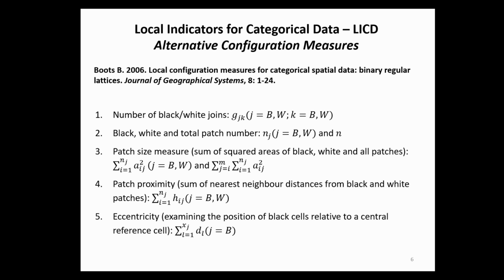Some are based on the analysis of join counts, some are based on the analysis of patches, their size, their distribution in the space within the moving window, and so on. In our case, we're going to focus later on, in one minute probably, on the number of black and white joins, which is nothing more than a local version of the join count statistics we've seen at the beginning.